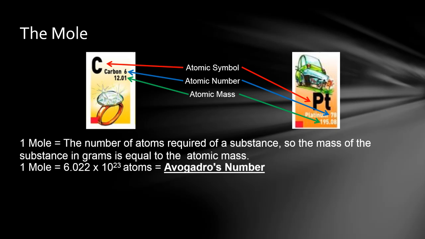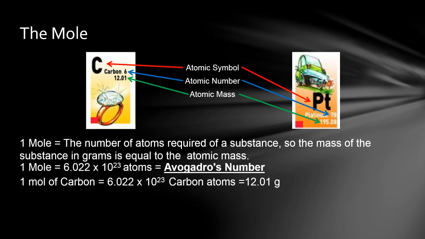A mole of any element or molecule is always going to have 6.022 times 10 to the 23 atoms in it. This is also called Avogadro's number. But the mass of the mole will depend on the atomic mass of that substance. 1 mole of carbon is going to have 6.022 times 10 to the 23 carbon atoms in it, but it's only going to have a mass of 12.01 grams.